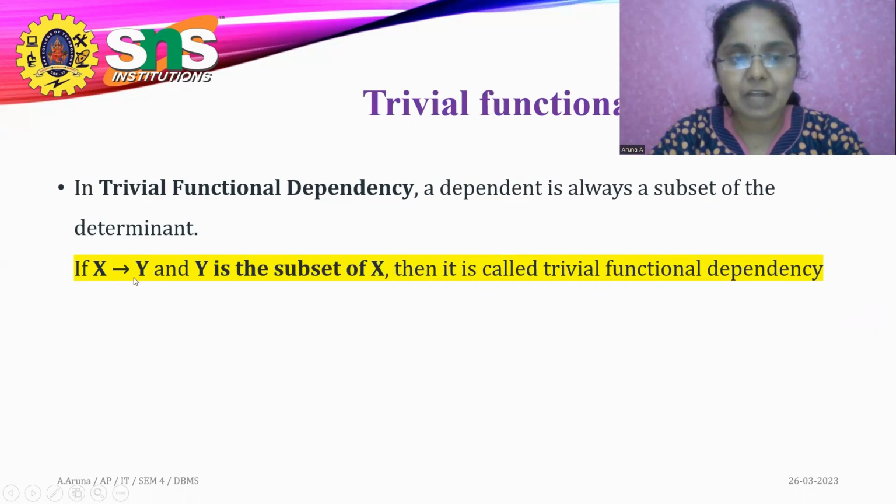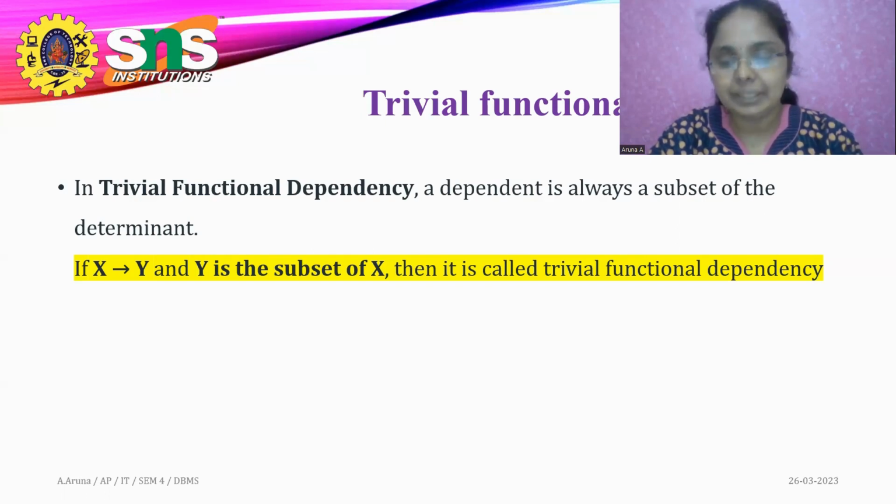If X determines the value of Y, we can say that relation is a functional dependency. Here, Y is nothing but a subset of X. So definitely your X component must contain the Y component, and through that we can easily identify the value of Y. So in a particular table, if it is a trivial functional dependency, it is definitely a valid functional dependency. By default, we can say every trivial functional dependency is a valid functional dependency.